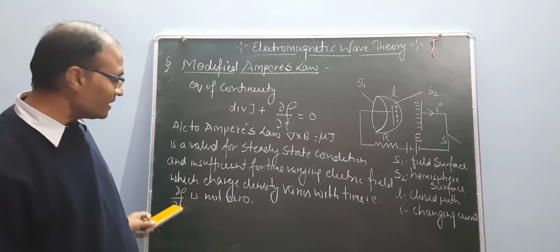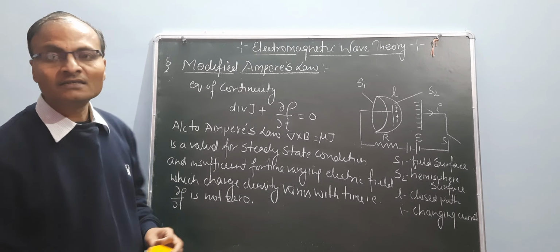For a time varying charge density, del rho over del t is not 0.